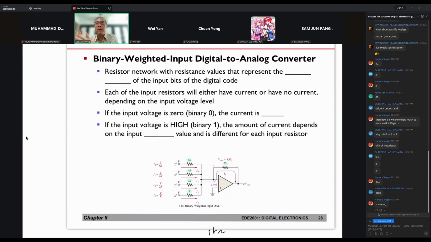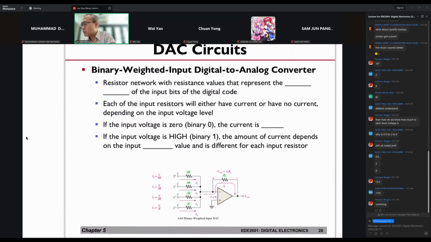Then from here, we move on to something that is a little bit more meaningful or easier to implement in practical situations. Basically, you can see the R, 2R, 4R, and 8R. These values represent the binary weights of the input bits. Each of the input resistors will either have current or no current.